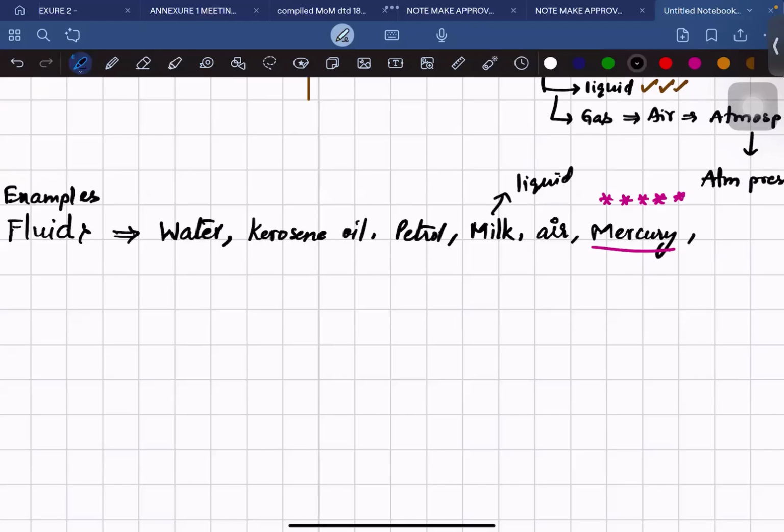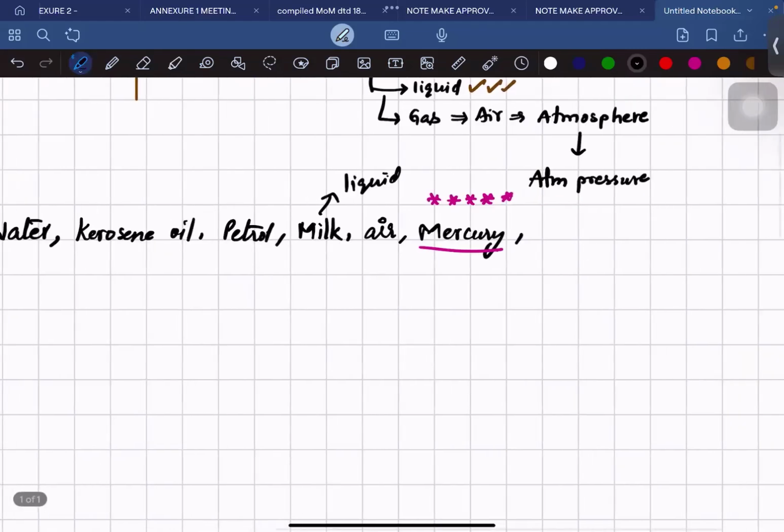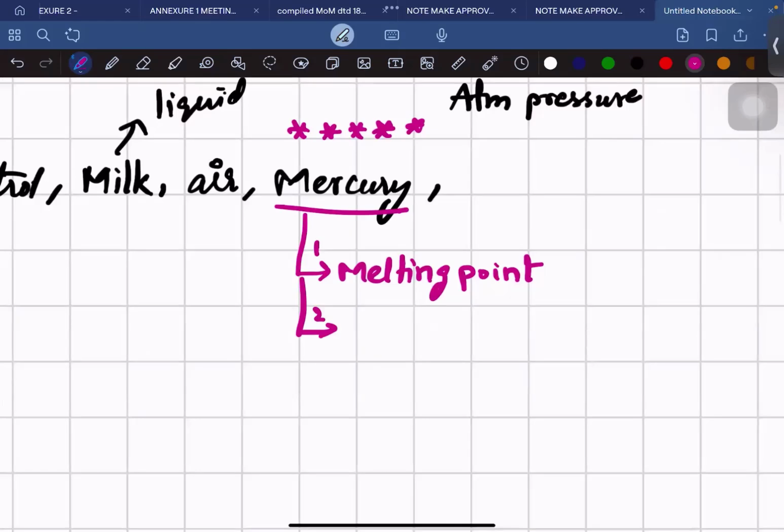Because of its melting point. Yes, you're almost right. Because of its melting point, this is one of the reasons, and there is one more reason left. Guess. Heating point. Not heating point, heating point and melting point are almost the same.